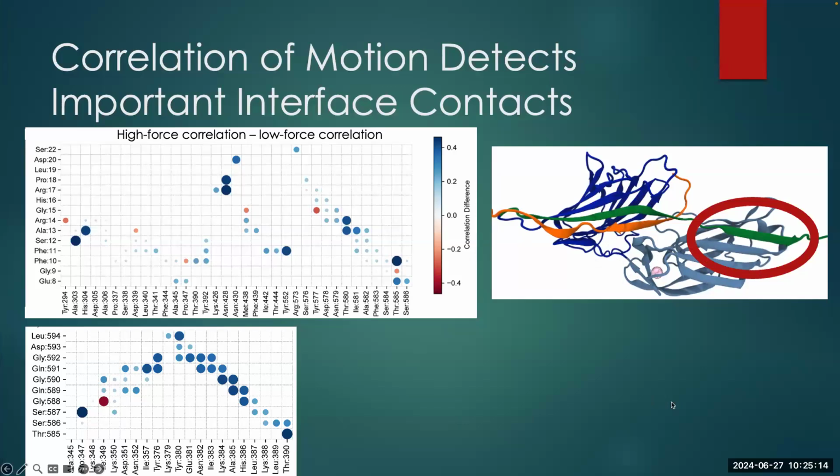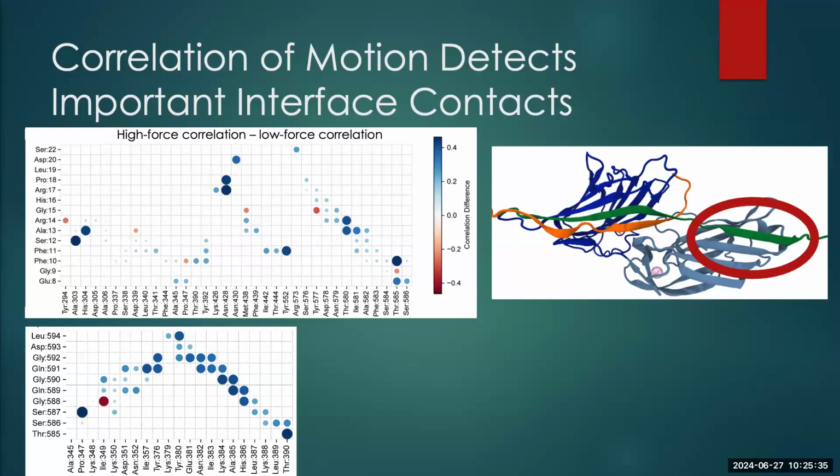And then, okay, now that we know that these two areas are important, maybe we can test this hypothesis. How can I test this hypothesis? Well, one thing I can do is get only the correlation data, right? It's a number between 0 and 1. It's a correlation of motion between residues in the human peptide or the latch and the bacterial adhesins.